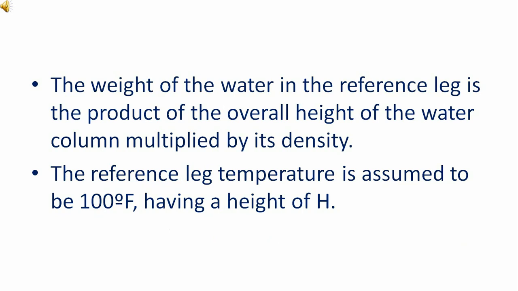The weight of the water in the reference leg is the product of the overall height of the water column multiplied by its density. The reference leg temperature is assumed to be 100 degrees Fahrenheit, having height of h.